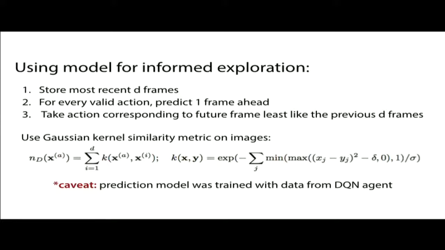I don't know what the results would look like if they didn't do this, but in practice, if you wanted to do this for exploration, you would probably have to sequentially train your model as you get more and more experience to get reasonable predictions about what the future states will look like.